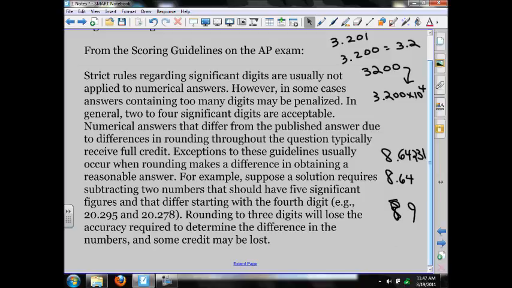If it's 32 trillion kilograms, don't give me a bunch of zeros. If it's anything more than thousands, right? We'll cross that bridge.